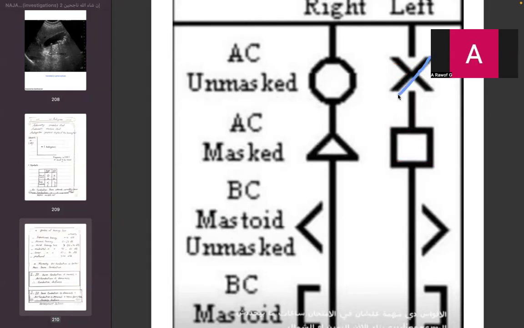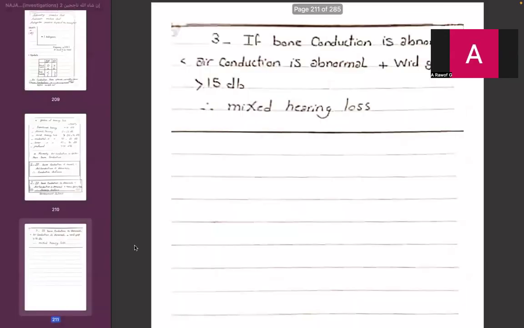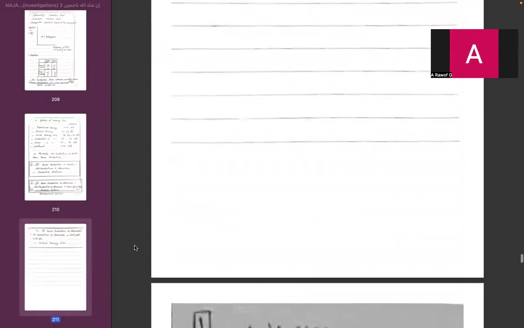So air conduction unmasked is X, air conduction masked is square, then bone conduction unmasked is a closed bracket, and bone conduction masked is a closed square bracket. Okay.